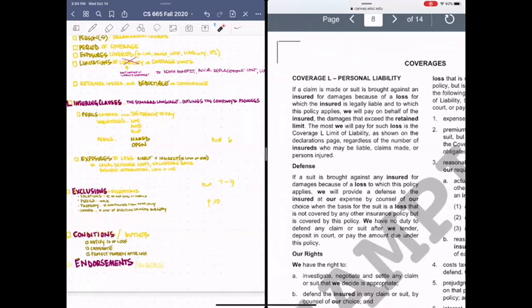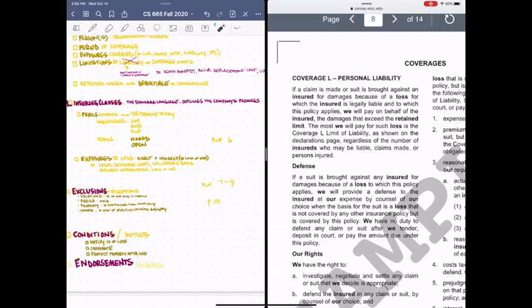So if a claim is made or suit is brought against an insured for damages, that is, dollars that you owe because of a loss for which you are legally liable, you don't have to be sued to be liable. If I rear end you and I do a lot of damage to your car and a lot of damage to you, I'm negligent and I'm liable for your damage.